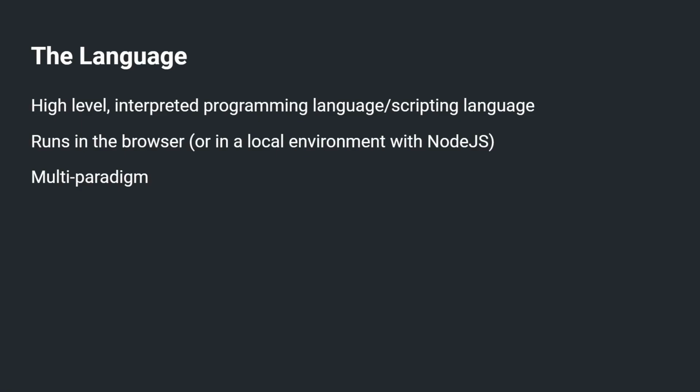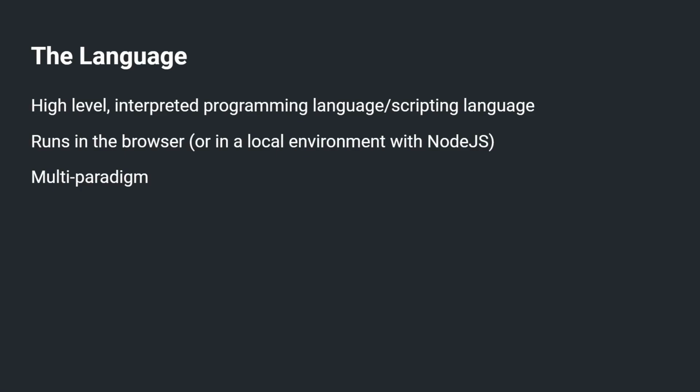Interpreted programming languages are languages that run directly and do not need a compiler. Like Java, which is not JavaScript. It's a totally different programming language. JavaScript also runs in the browser, but it can also be run in a local environment with Node.js.